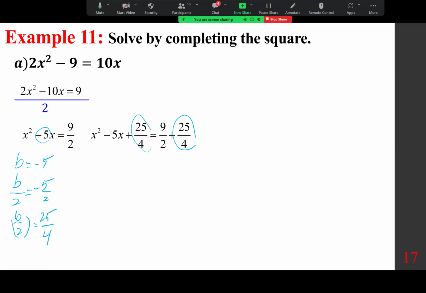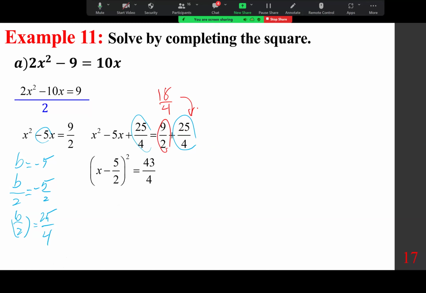Now the result is, the left side, everybody, is the variable, which is x, and b over 2. b over 2 is negative 5 halves, quantity squared. The right side, we want to add this to 9 halves, which is 18 fourths. We add it to this, we get 43 over 4. So we just take a common denominator.